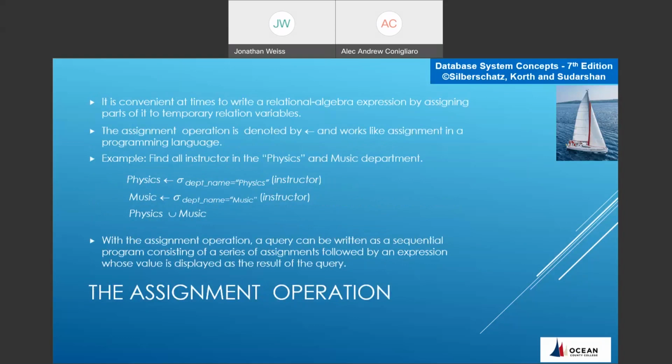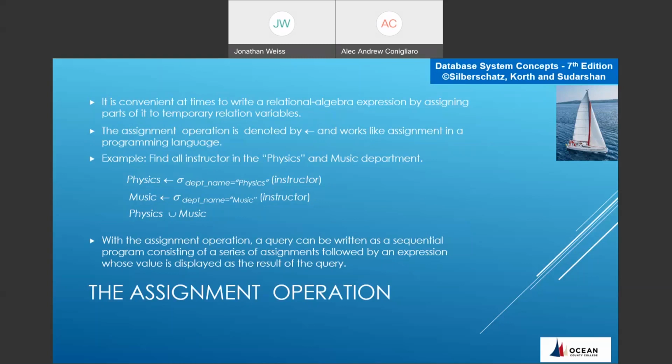Now we can name these things. We can produce a select operation, and we'll name this one physics. We want to select from instructor where the department name equals physics, and we'll name that new result the physics result. And if we select where the department name equals music, we can name that the music result.